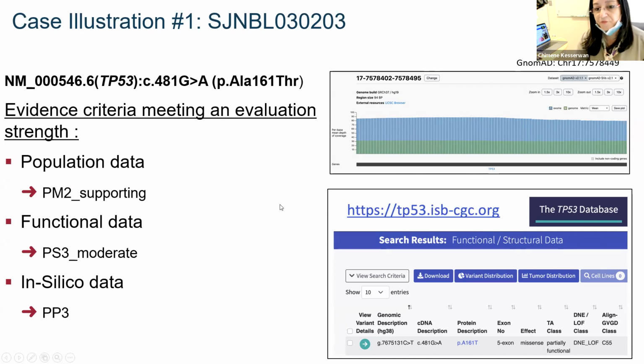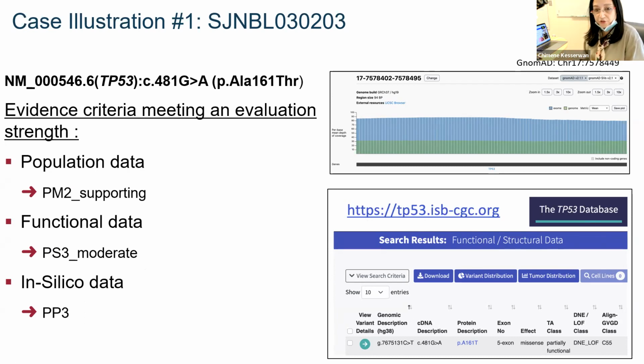it is beyond the scope of this talk to go over how I came up with PS3 moderate, but I want to bring to your attention the new TP53 database that has migrated from the IARC to NCI. And so the data is now maintained by the NCI by Sharon Savage and team.